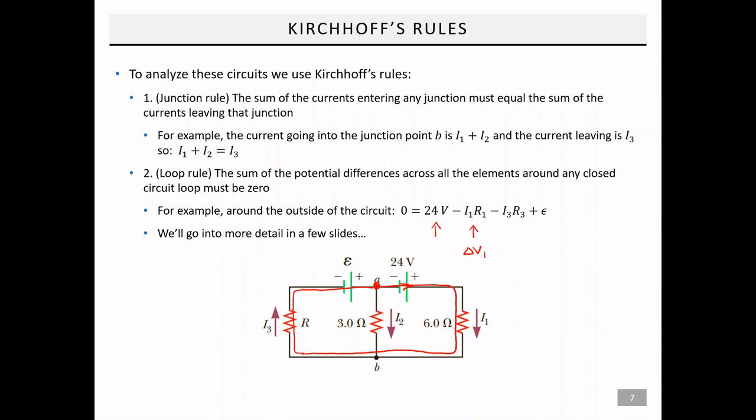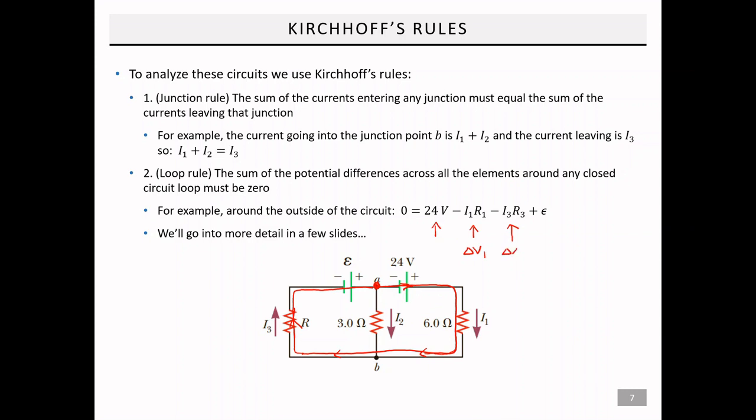And then using Ohm's law, we can write I1 R1. As I continue walking along this loop, nothing happens as I walk along the wires, but when I get to this resistor on the left side, I again decrease potential.